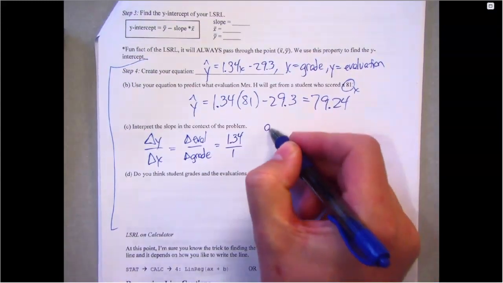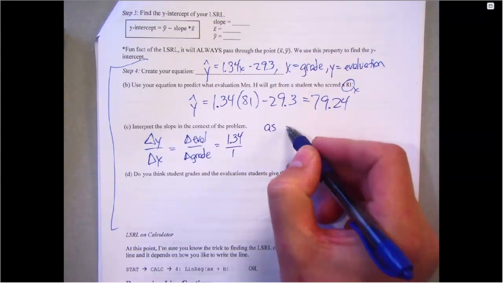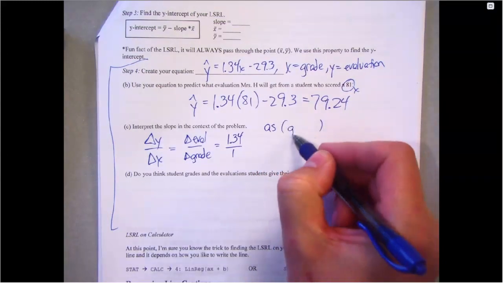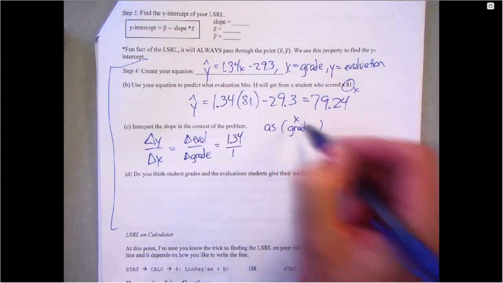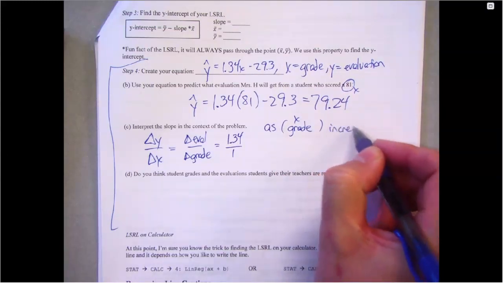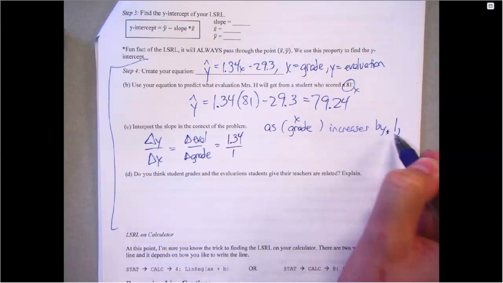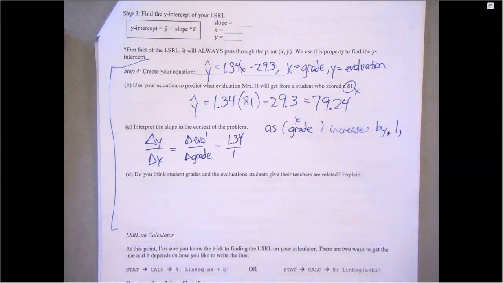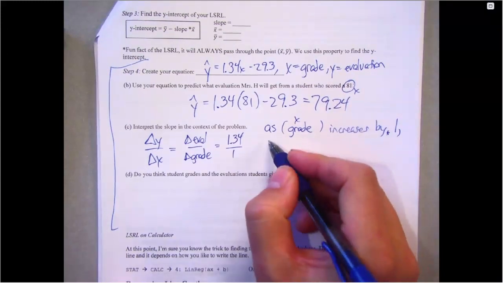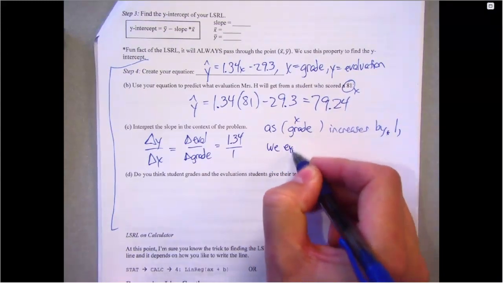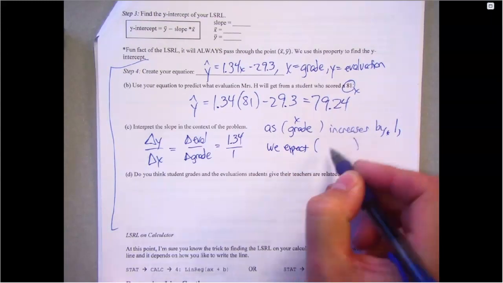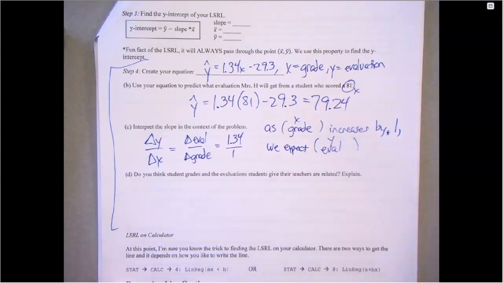And then it's always going to be the x value, but I'm just going to put grade here. It's always the x value. Increases by 1. What's the next couple words? We expect. In this case, it'll be eval, but it's just y every time.